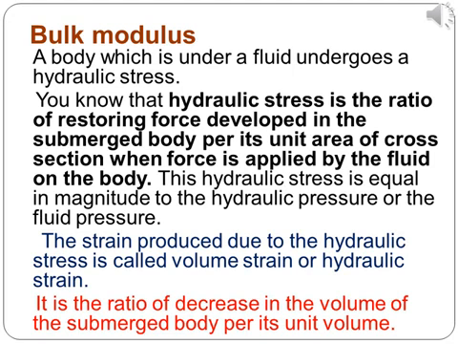This hydraulic stress is equal in magnitude to the hydraulic pressure or the fluid pressure. Then, what is the strain produced due to the hydraulic stress called? It is volume strain or hydraulic strain. It is the ratio of the decrease in the volume of the submerged body per its unit volume.